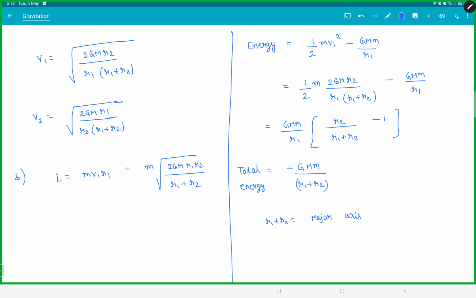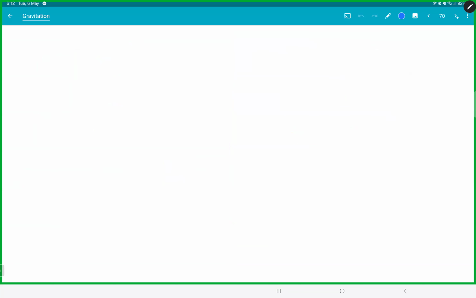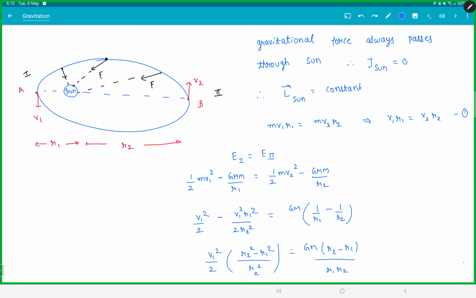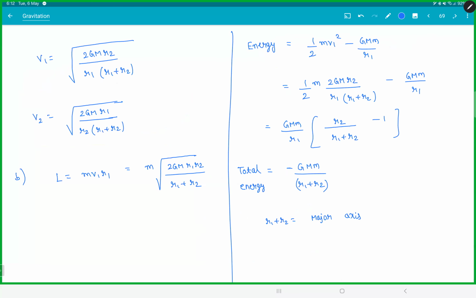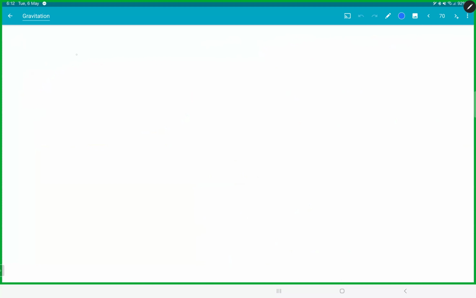Let's see. This is a little different. Now, before directly jumping into it, we need to prove something here. So basically, this is the proof for Kepler's second law.